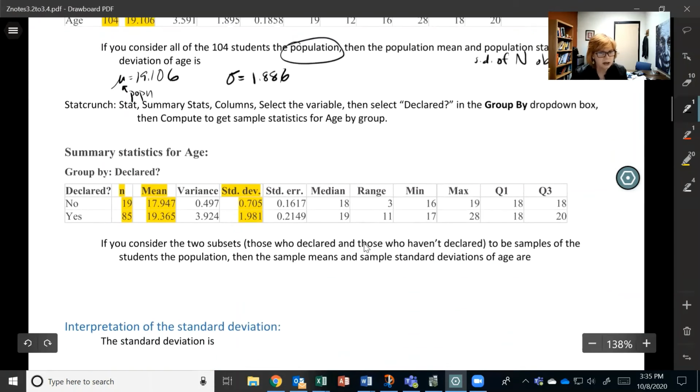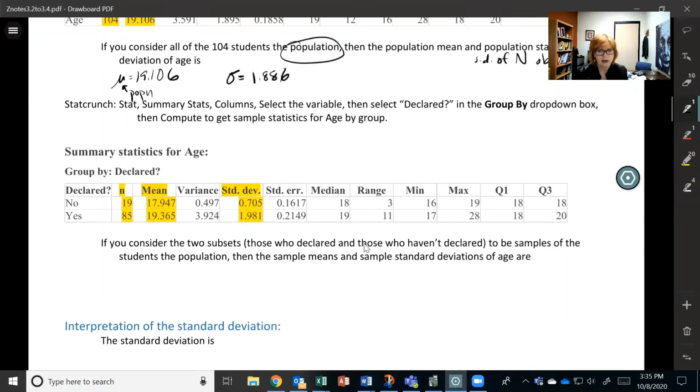Down here, if we consider them samples, all right, my sample means are going to be X bar, so I'm going to call the top one X1 bar. This is 17.95 years old. X2 bar, second one, and this is 19.37 years.